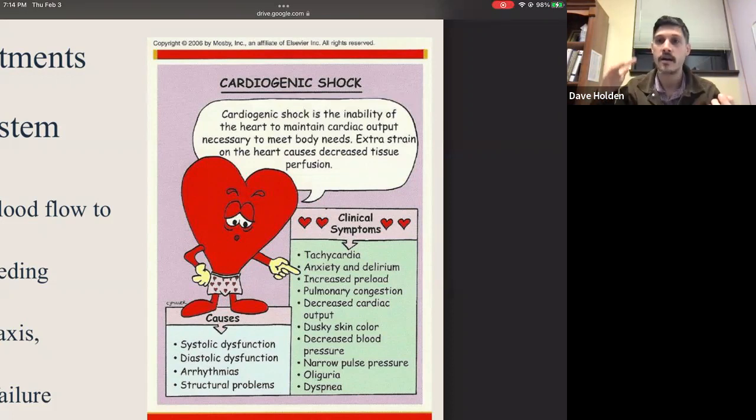Arrhythmias, again, the heart is not beating on a regular rhythm, or it could be a structural problem. Many people are born with structural defects to the heart. Maybe they were born missing a chamber of the heart, or maybe a valve doesn't function properly, so it allows blood to slip backwards in the track.